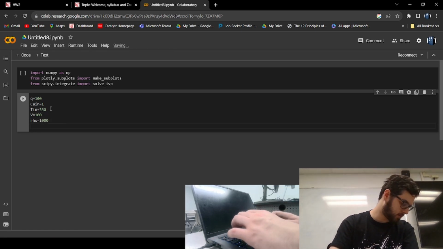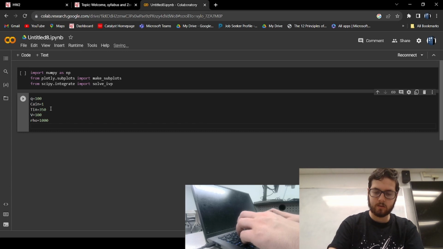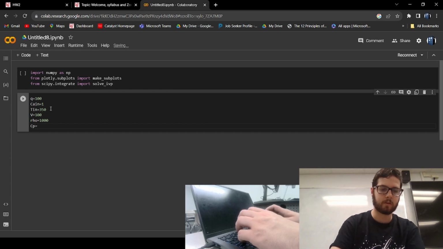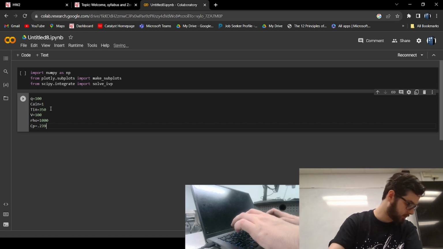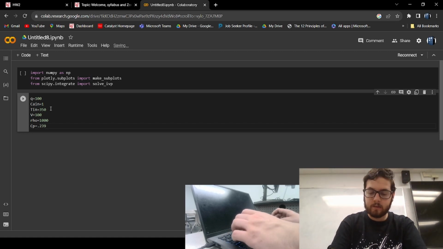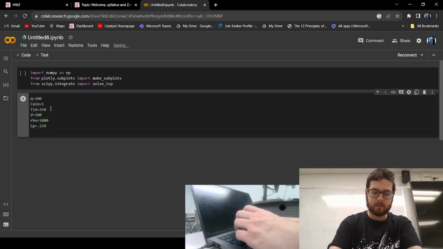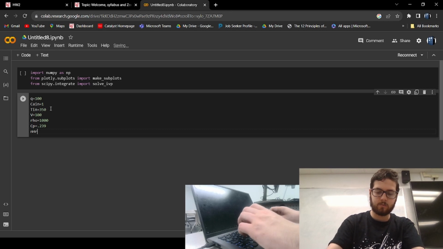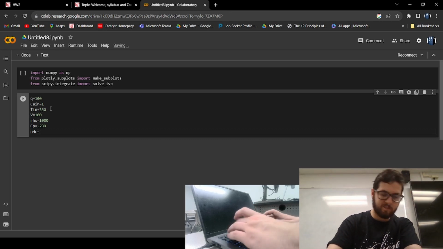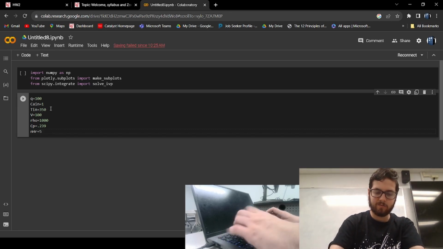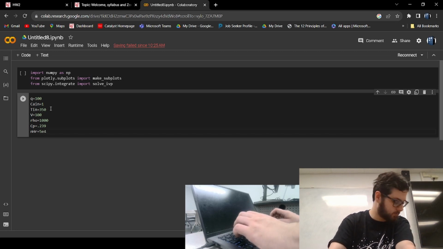Our heat capacity is equal to 0.239 joules per gram Kelvin. Our negative enthalpy is equal to 5 times 10 to the 4th joules per mole.